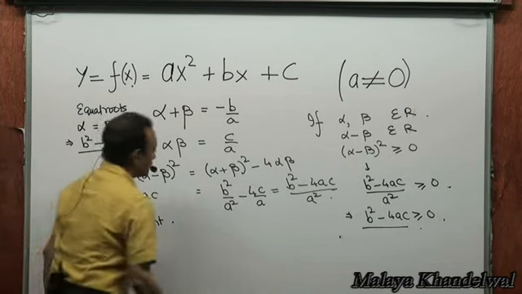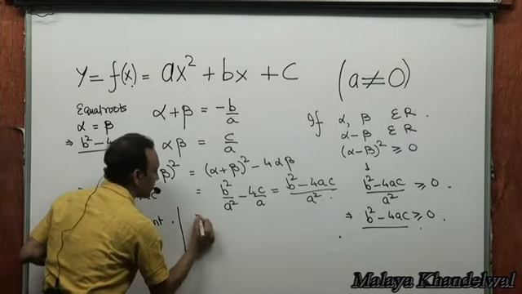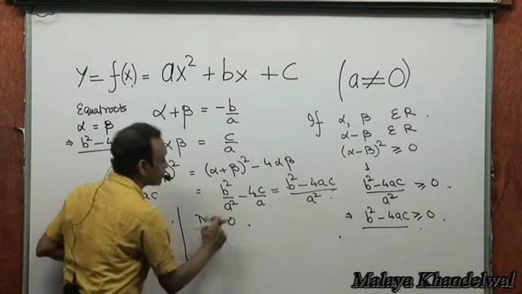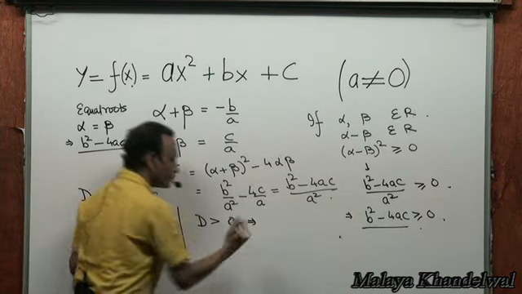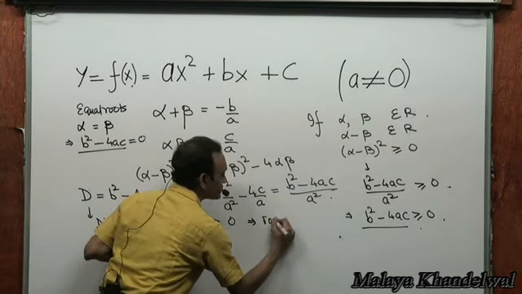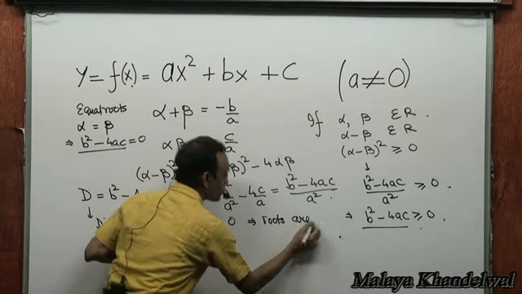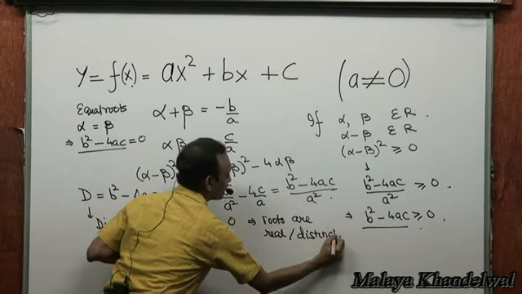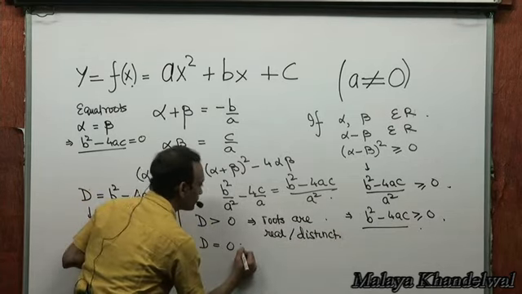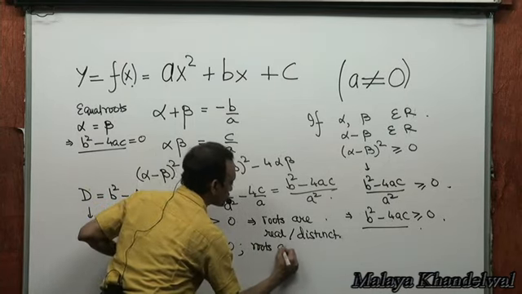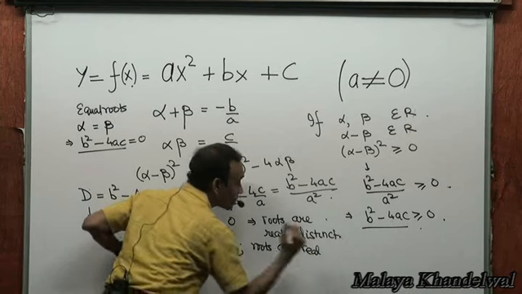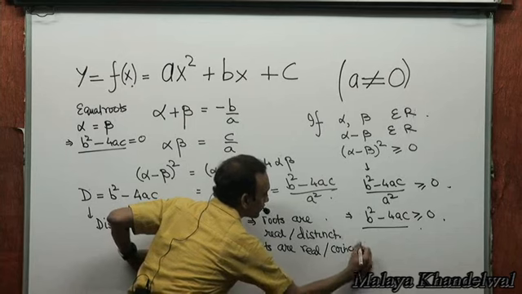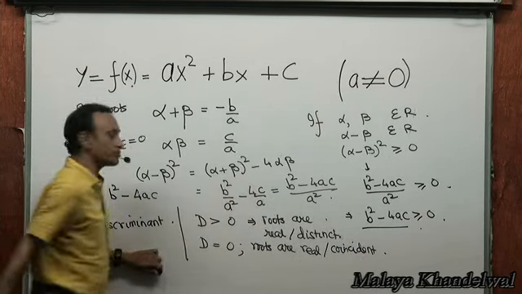And again, a reiteration of some of the things that you have learnt in the past. If the discriminant is greater than 0, this would mean roots are real and distinct. If the discriminant is equal to 0, roots are real and coincident.